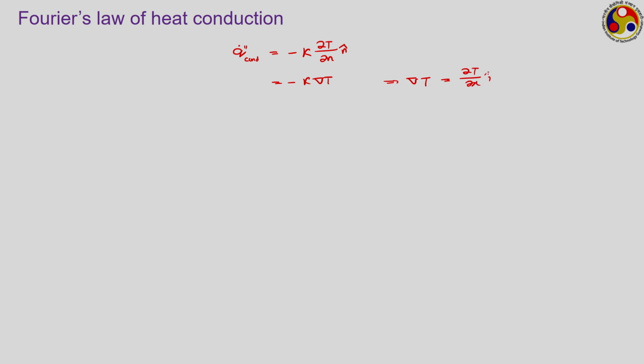Like if we write in Cartesian coordinates, this is dou T dou x i plus dou T dou y j plus dou T dou z k.